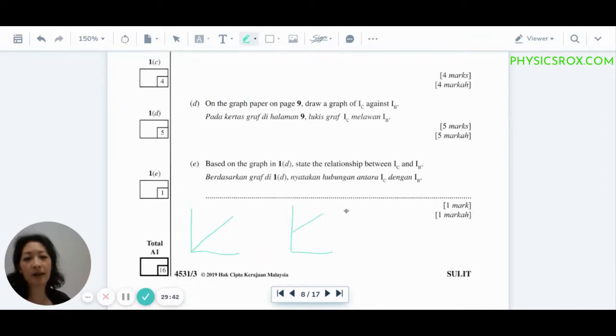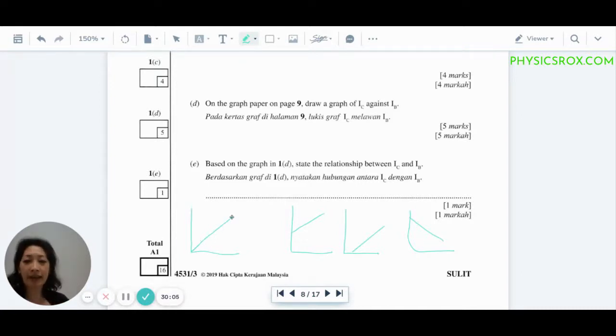These graphs are increasing linearly, and this graph is decreasing linearly. But when you write out the relationship, please don't just write, oh, directly proportional or increasing linearly. You have to write it in full. What is directly proportional to what? What is increasing linearly to what? What is decreasing linearly to what?